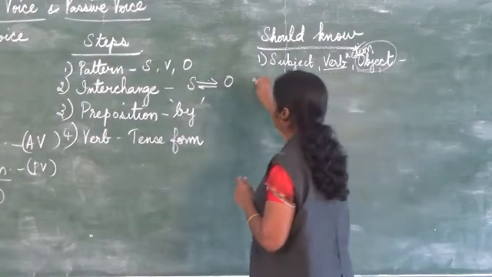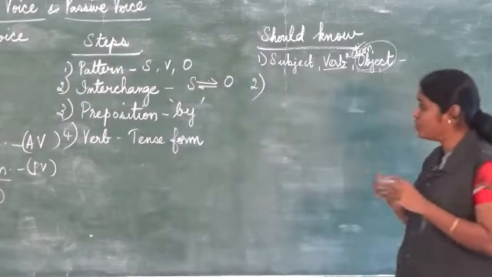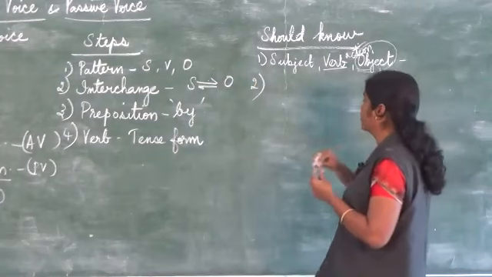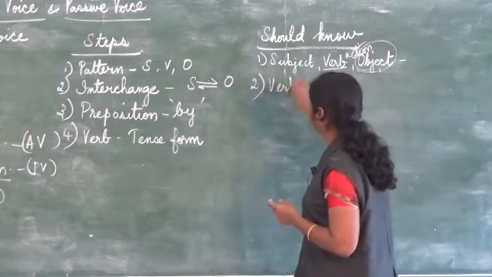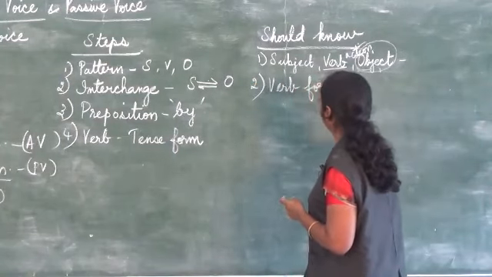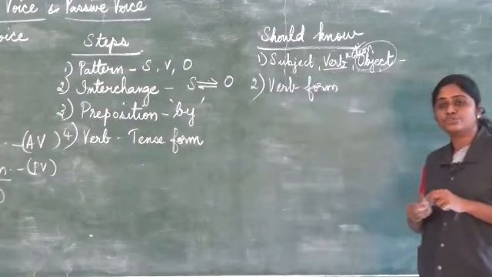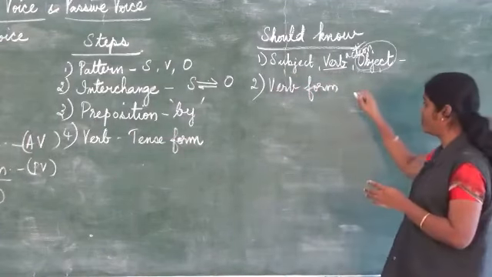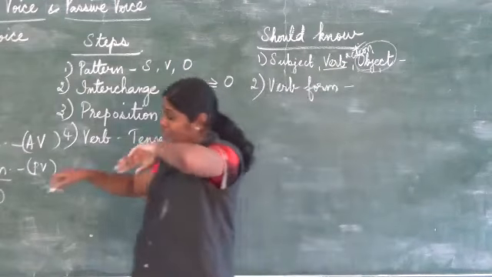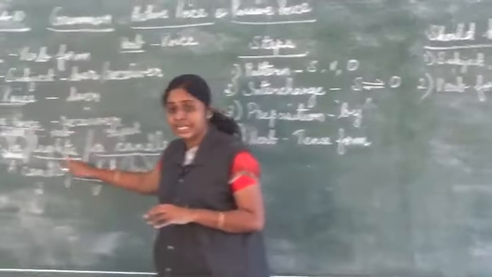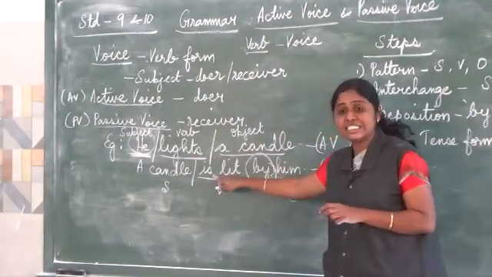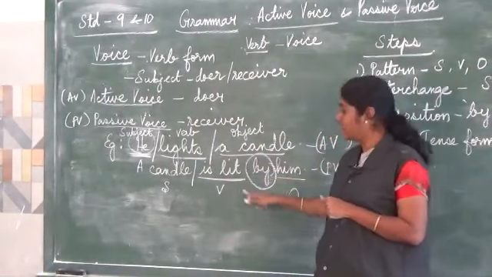And the second thing you should know is verb forms. You should know the basic verb forms, because if you see here, this light is changed into is lit. Clear?